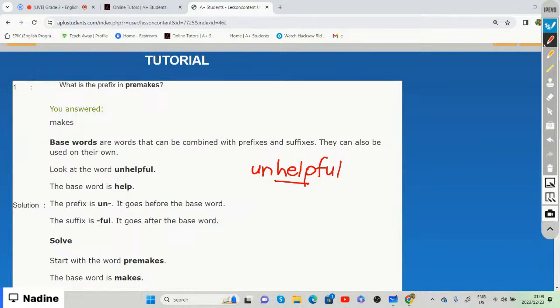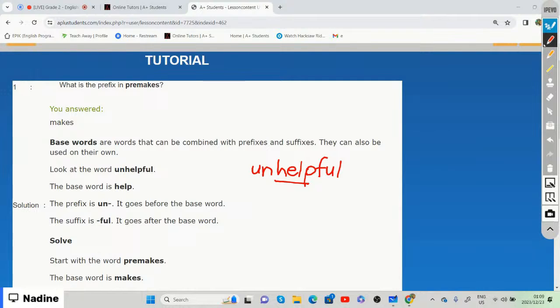So now it's almost like unhelp. That is when we add the prefix, and then the suffix is the word that we add at the back, or after the base word, and that is full. So it's like saying helpful. That is now the base word plus the suffix.